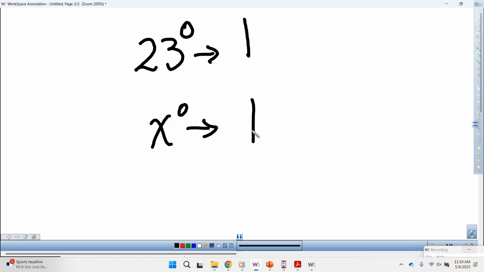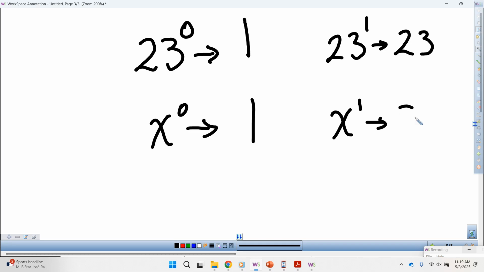That is correct. That's a rule that you should know by now. The other obvious one is that a number to the exponent of 1 is that number itself. Those are 2 rules that you should know by now.